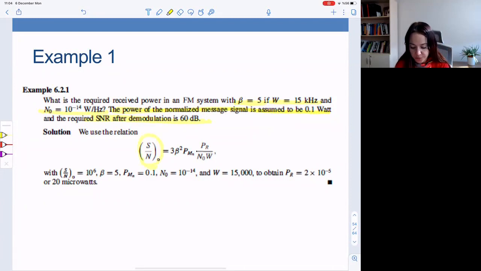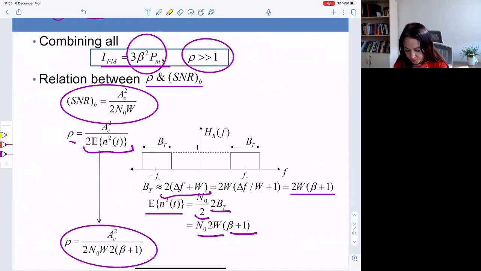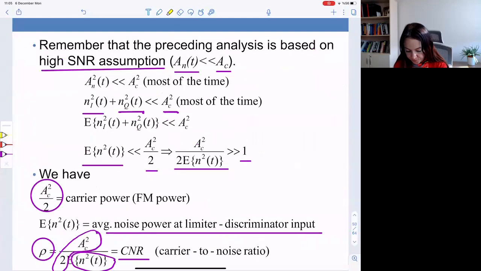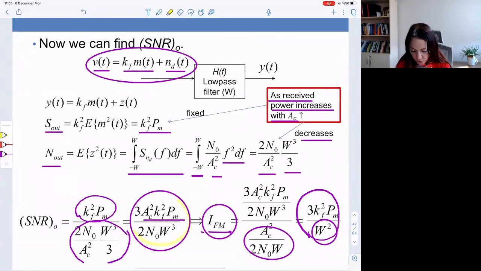Notice that SNRO is the figure of merit times SNRB, and we showed that, let's go back, SNRO is this: 3 AC squared KF squared PM over 2 N naught W cubed.